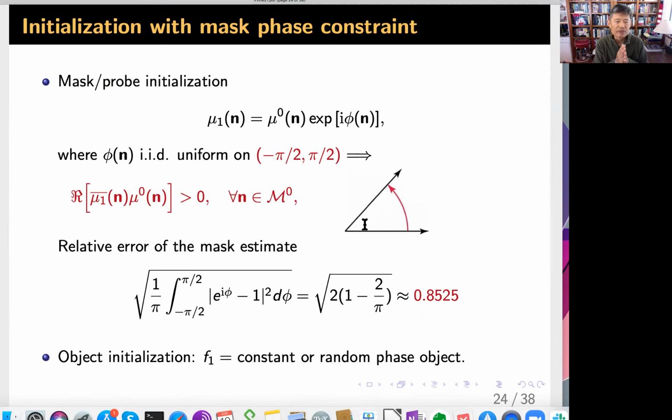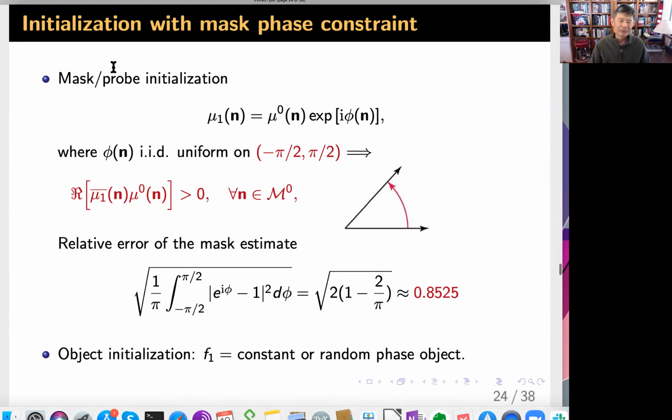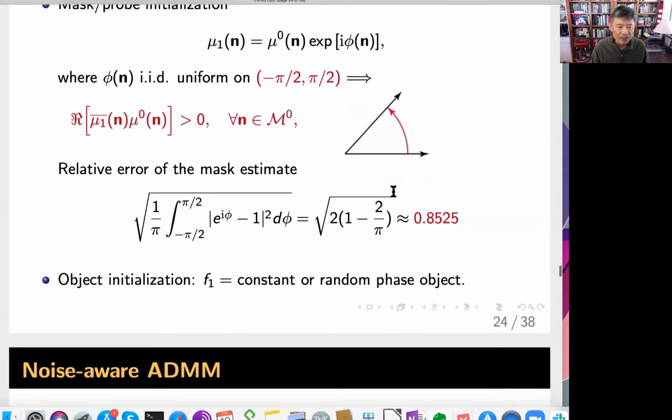How do you effectively come up with this initialization, the probe initialization, because this is what theory demands, that if this is the mask angle, this is the estimated initial mask angle, your estimation, then the angle has to be less than pi/2 in either direction. How do you, if you don't know, in other words, how do you come up with this mask initialization? It is a question that we're still working on.